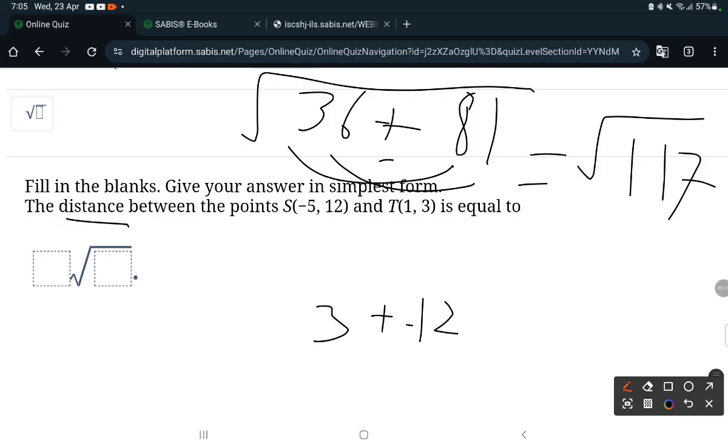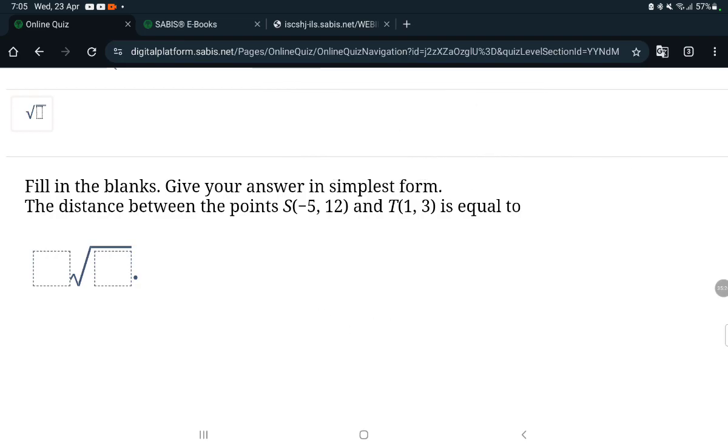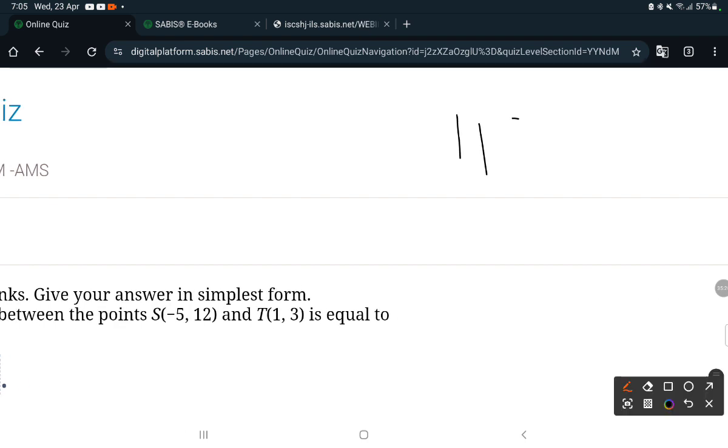Again, make sure to add, then you do the radical. So now we need to prime factorize. 117 is 3, then 39, 13 and 3.